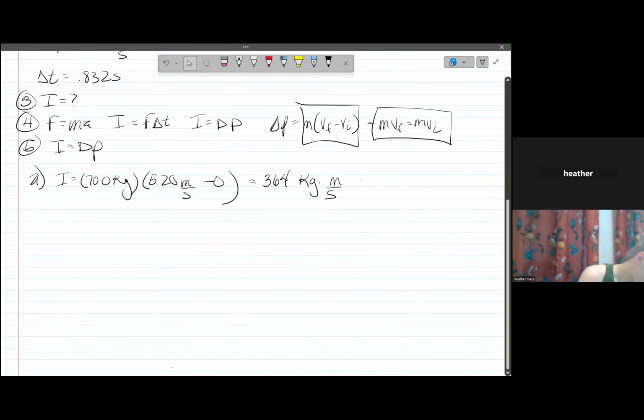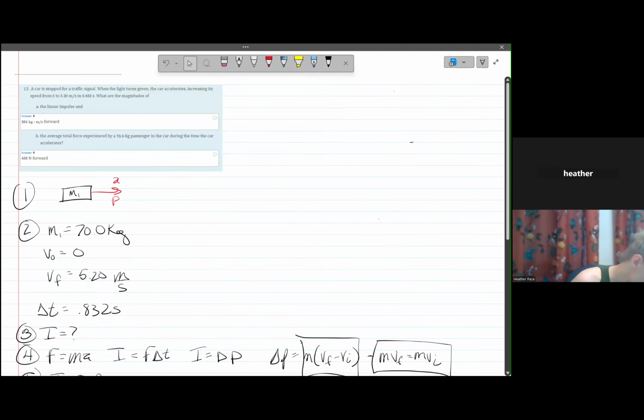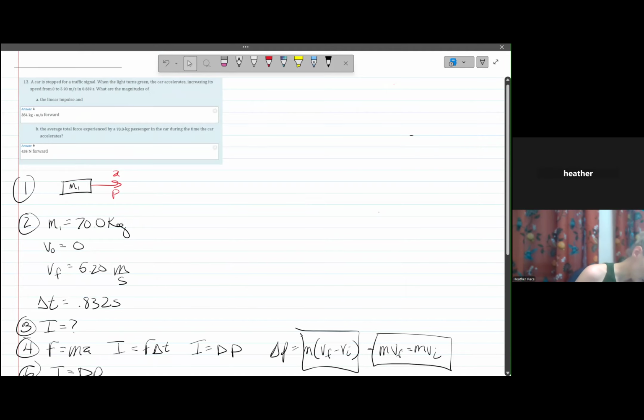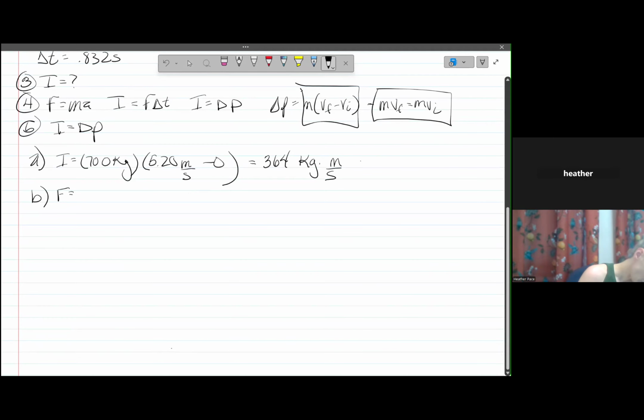Okay, so B is asking for the average total force experienced by a 70-kilogram passenger in the car during the time the car accelerates. Okay, we know Newton's second law. So we go F equals mass times acceleration.